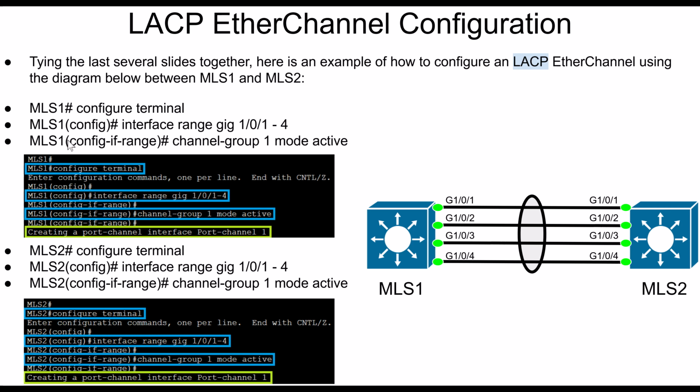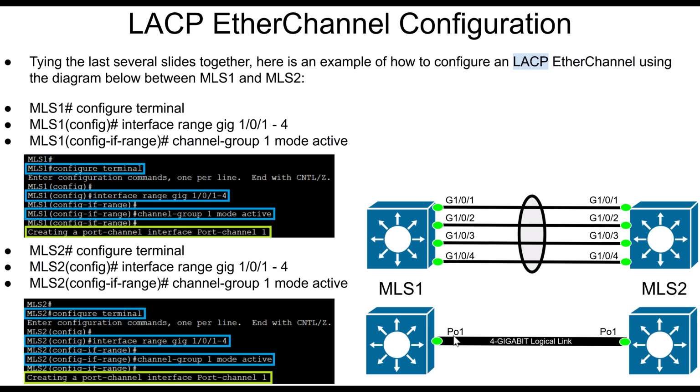And a few moments later, we have an EtherChannel bundle. Look, all of the ports are forwarding because this is an EtherChannel bundle and we have one logical 4 gigabit Ethernet link. Okay? Each connected on the virtual interface of Port-channel 1.